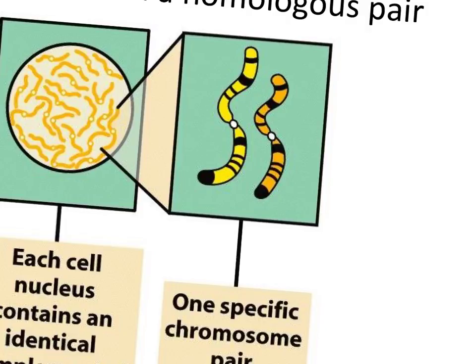Now, in some cases, the variant has fixed and there's no other alleles for certain genes, but for lots of them, there could be, in some cases, 1,000 alleles for one gene.